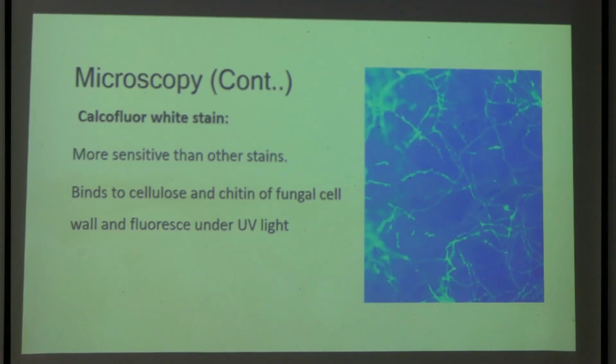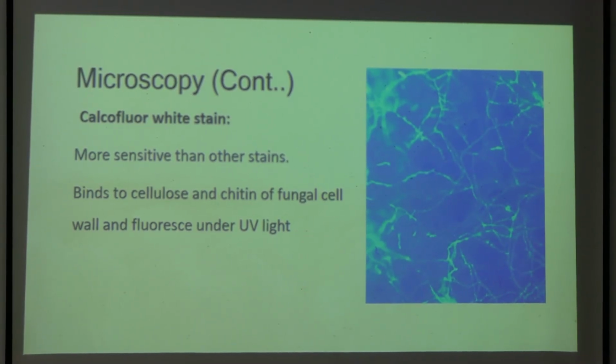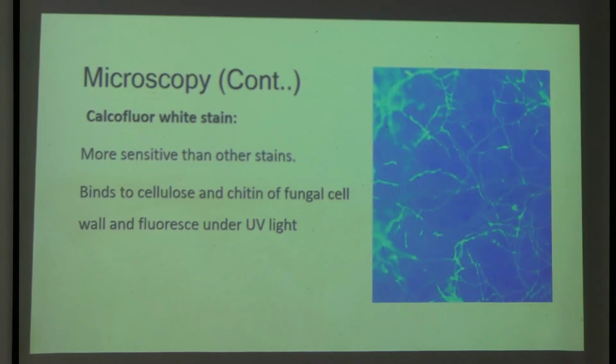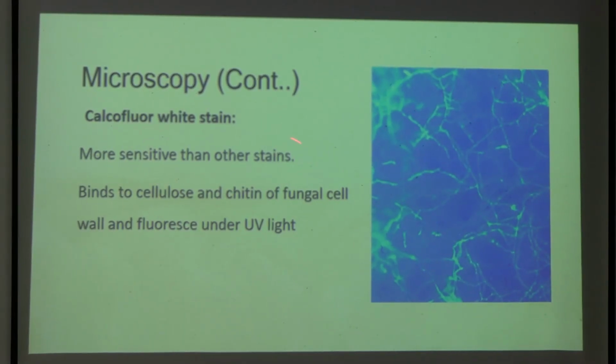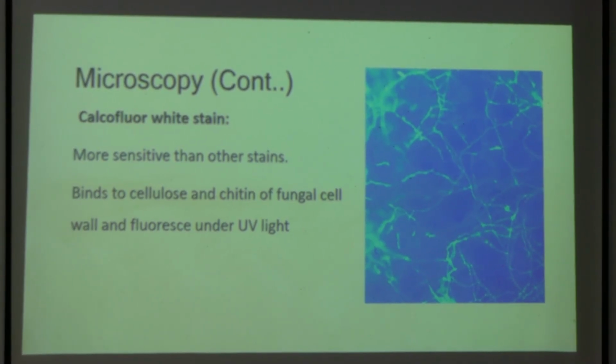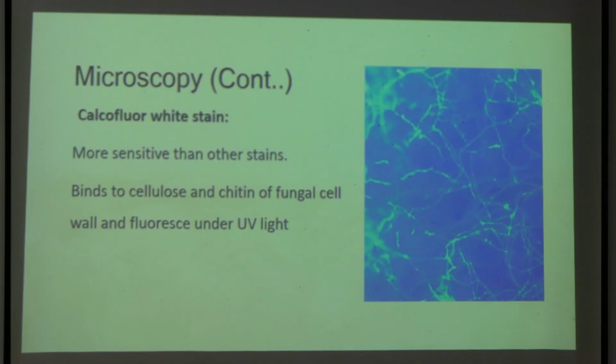I was telling you, the fungal cell wall has chitin. That's why you need to know what the cell wall consists of. It binds to it, and under UV light it fluoresces. So what kind of microscope should we use here? Very good.